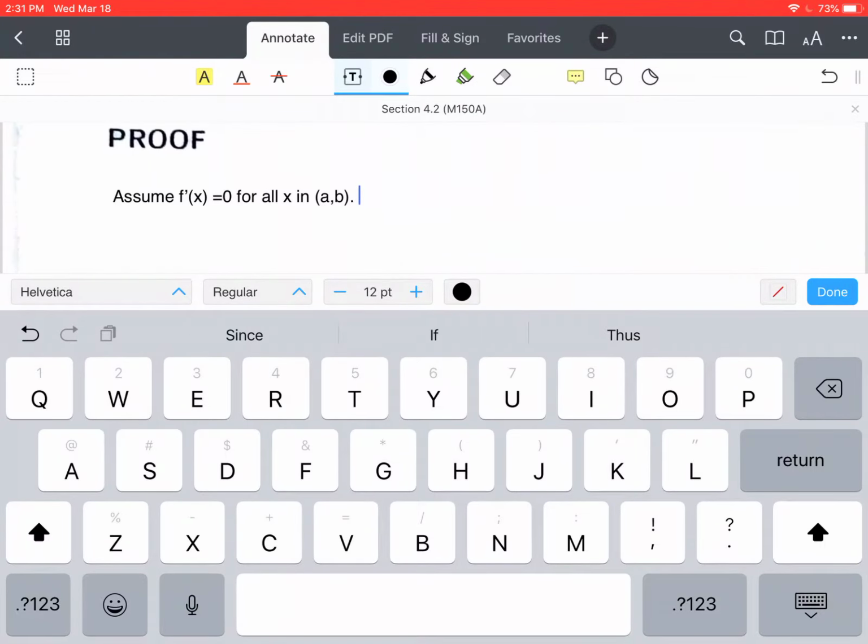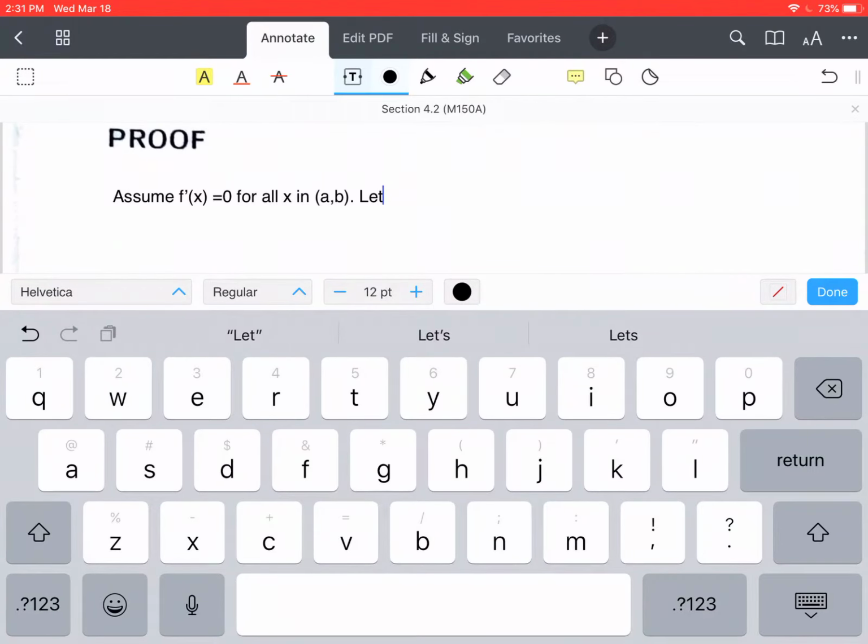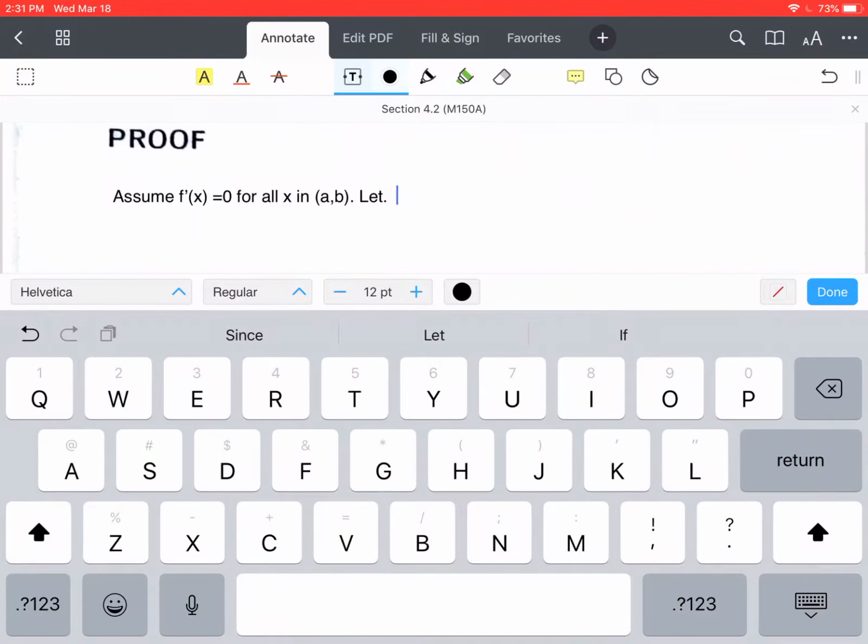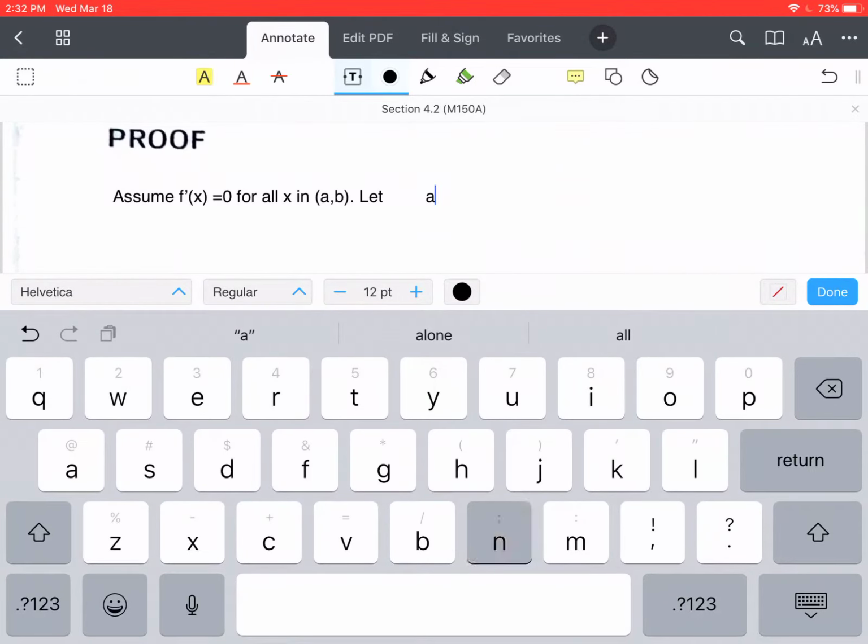So what we're going to do is pick a couple new values. We're going to pick two values I'm going to call x1 and x2.